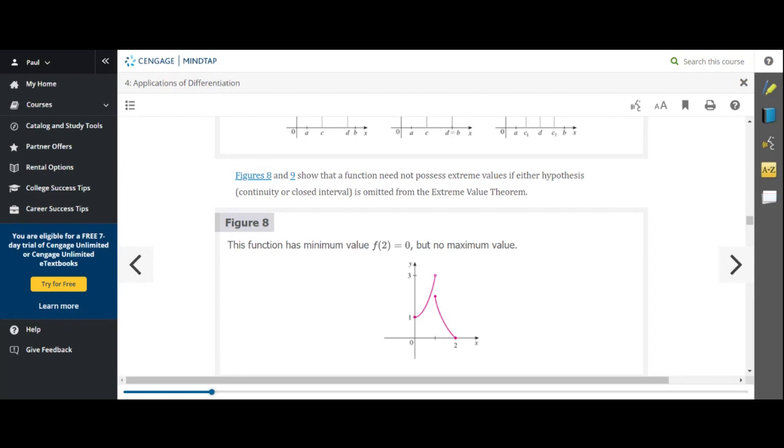You see, this really demonstrates the extreme value theorem, because it shows you why the extreme value theorem doesn't apply, because you have a discontinuous function.